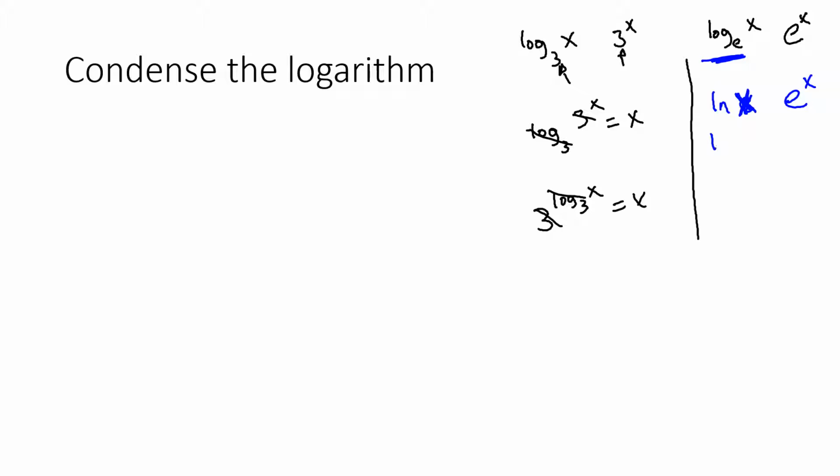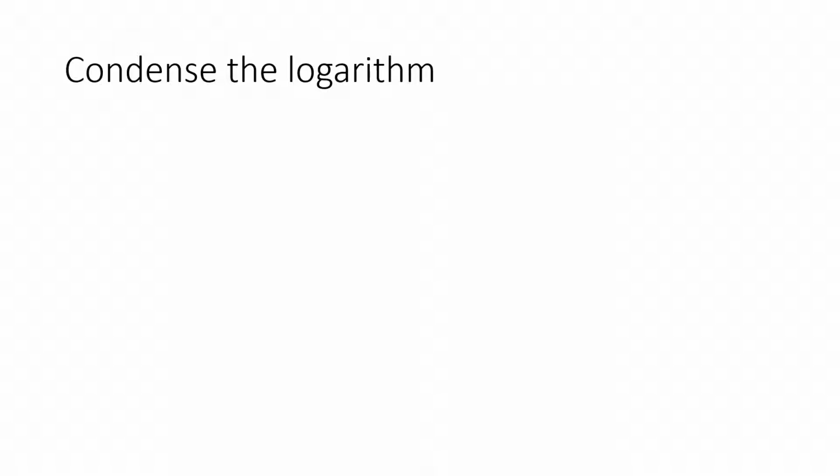Well, we could have either ln of e to the x, or we can have e to the ln of x. And just like before, these two have the same base, they're going to cancel each other out because they're inverses and just leave x. So that's important to note, because what if we had the following example? Let's say we had the natural log of 2x plus 5 is equal to the natural log of 3.